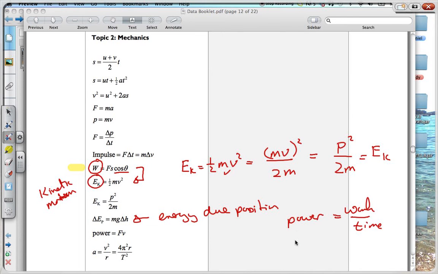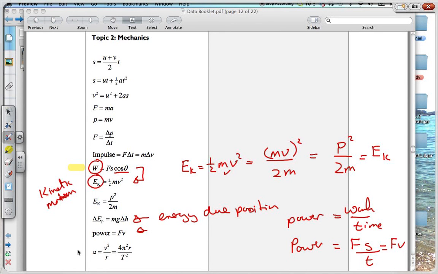If I write this power, I'm going to use script P because we already use p for momentum. Work is equal to force times the distance, divided by the time. We see here that s divided by t, distance divided by time, is a velocity, so that's where force times velocity comes from.